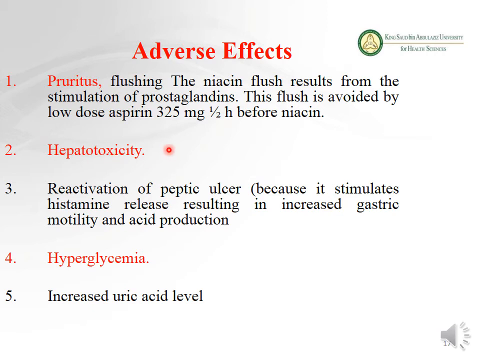Hepatotoxicity is most common with all these drugs. Reactivation of peptic ulcer, because it stimulates histamine release, resulting from increased gastric motility and acid production. So it is also one of the main side effects. Hyperglycemia and increased uric acid level.